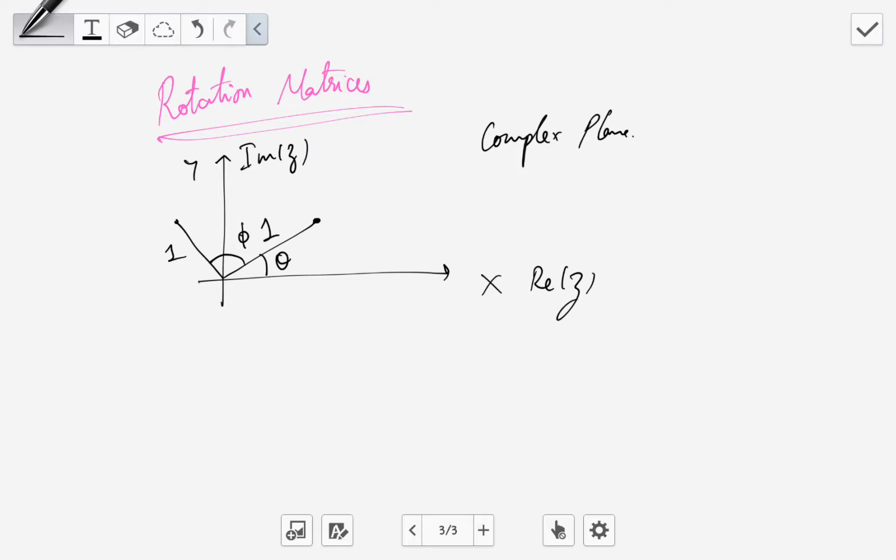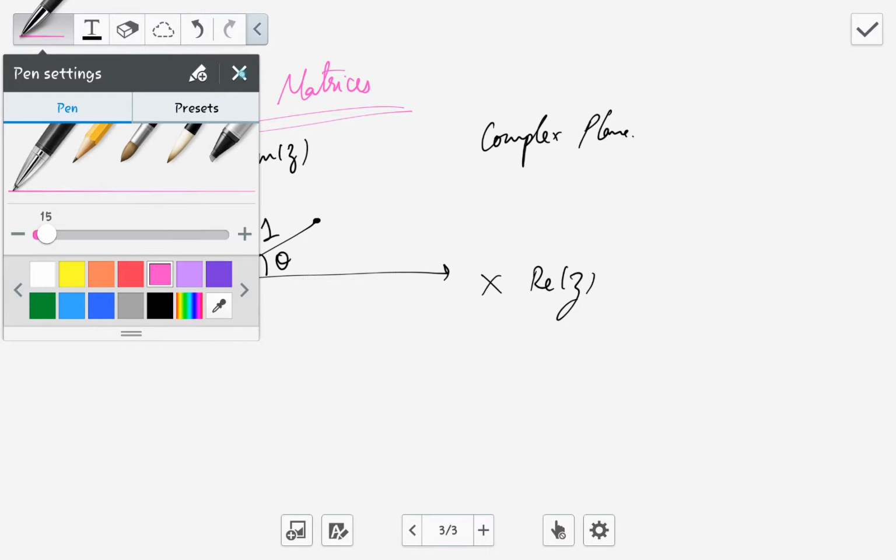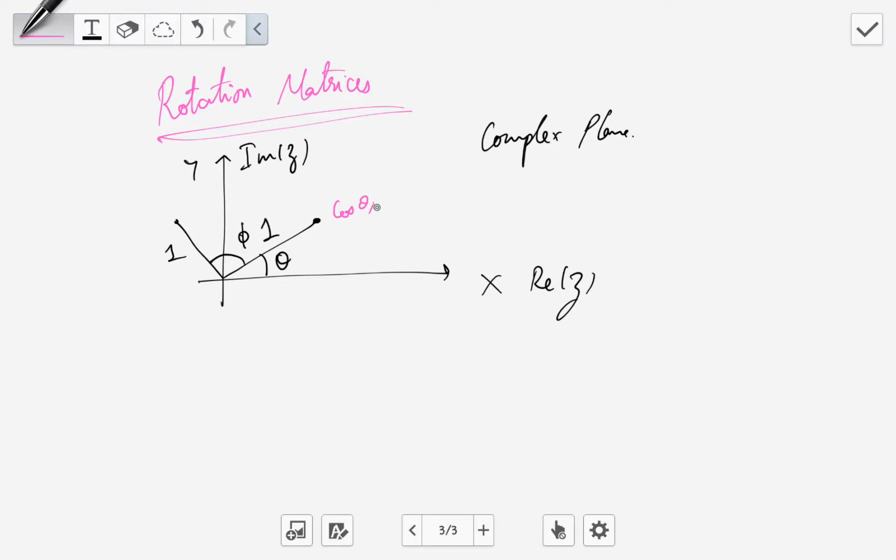Now, what will these coordinates be? It will be cos theta, comma sin theta, and this will be cos of theta plus phi, comma sin of theta plus phi.